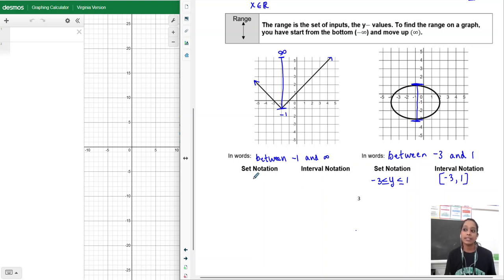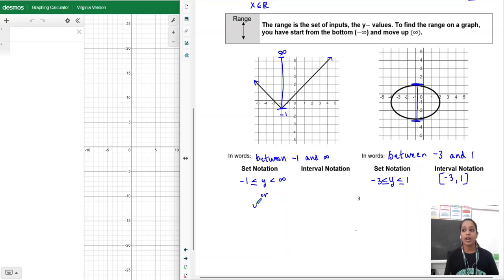In set notation, we can say y is between -1 and positive infinity. -1 is included because it's actually touching it at -1, and infinity is by default always open. But we don't usually use this. I mean, I've seen this, but here's another way we can write this.